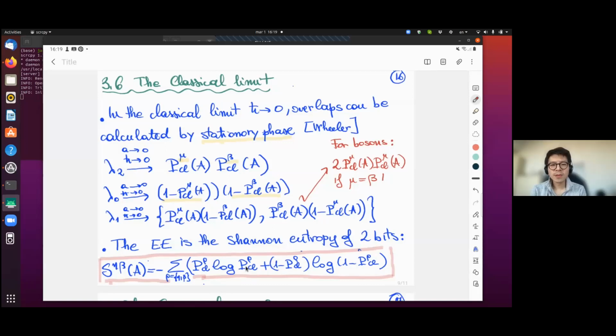Oh, but then, basically, in the end, one just needs to integrate over the momentum, or over the modes outside some spatial region that you observe.